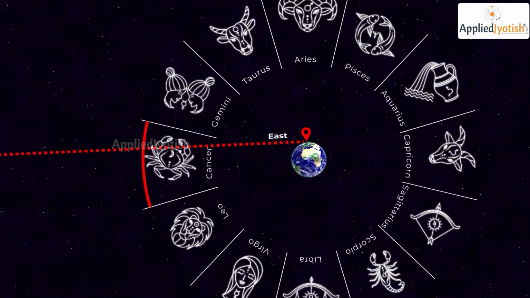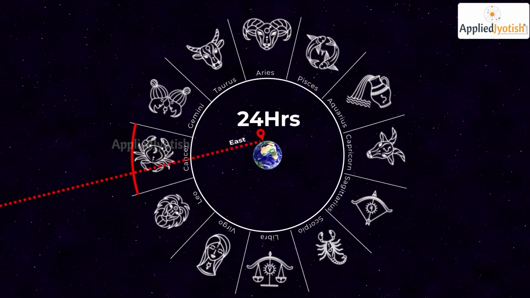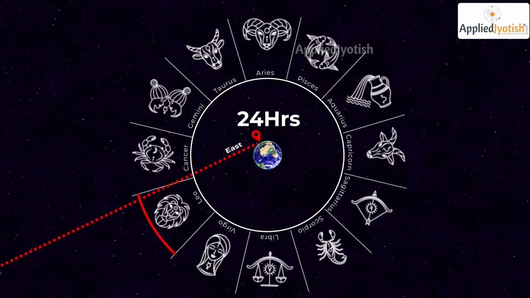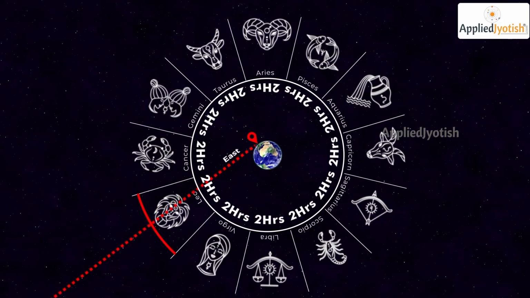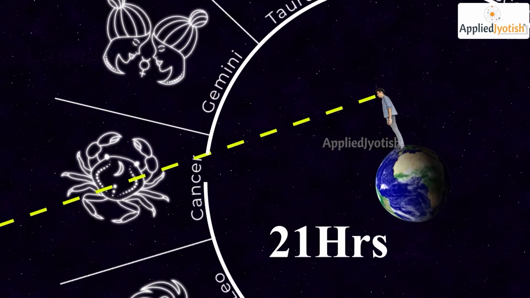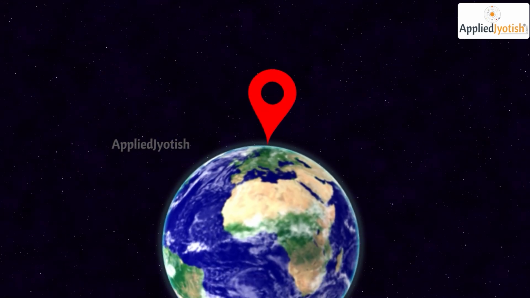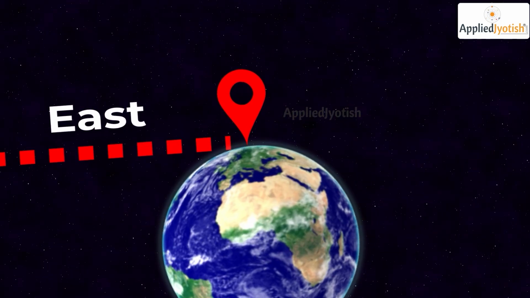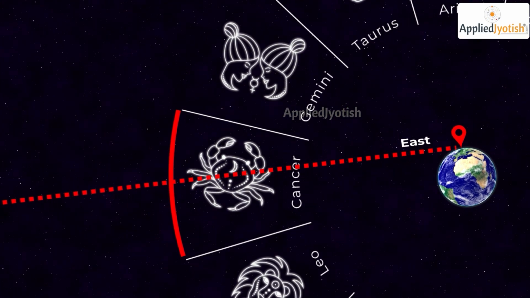Since the Earth completes one rotation around its axis in approximately 24 hours, this line at the eastern horizon will move to the next zodiac sign roughly every 2 hours, as the 12 signs are covered in 24 hours. If a child is born at this location, the zodiac sign visible on the eastern horizon at that moment becomes the child's Lagna or rising sign.